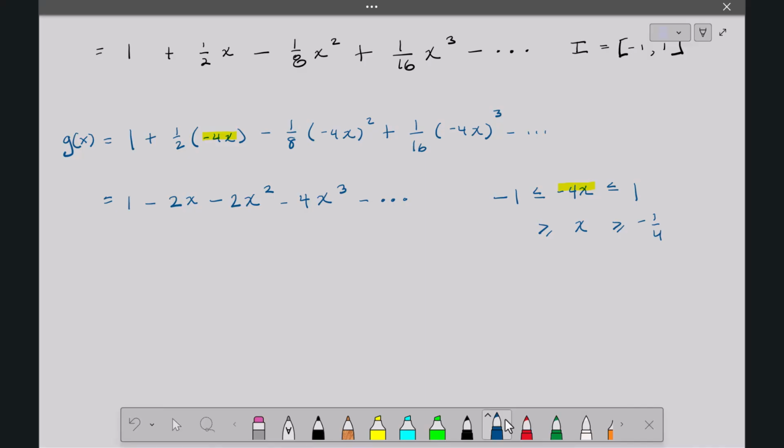So we will have this. And our conclusion is that our interval of convergence will include negative 1/4 and go all the way up to and include positive 1/4. So now we have our series expansion for g, and we have its interval of convergence, and that is it.